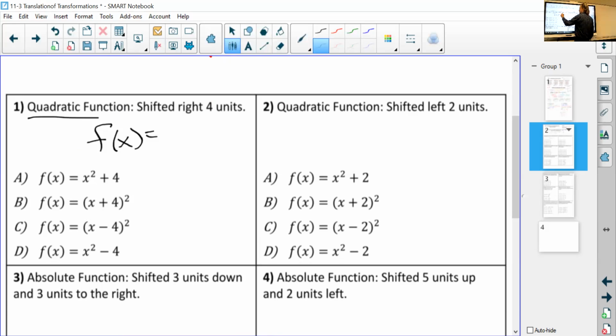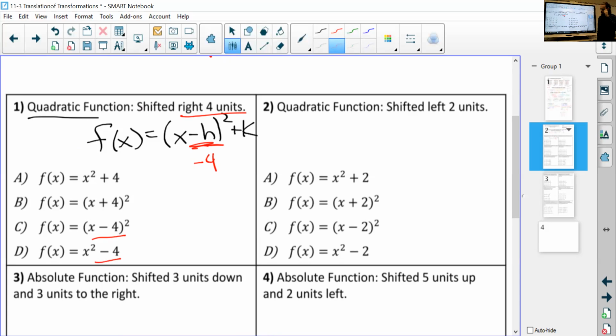So in a quadratic, we said it's x minus h squared plus k, right? So if we're saying right 4 units, that's h. So since it's right 4, that's going to be minus 4. So we know we need a minus 4. And you see that on 2 of our answers here.